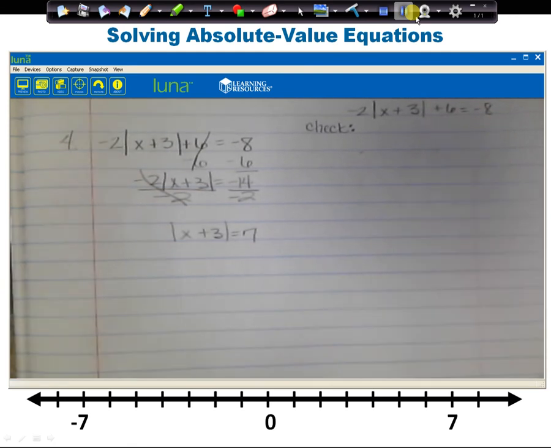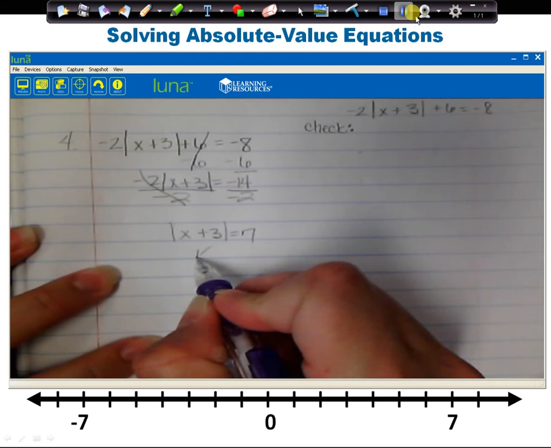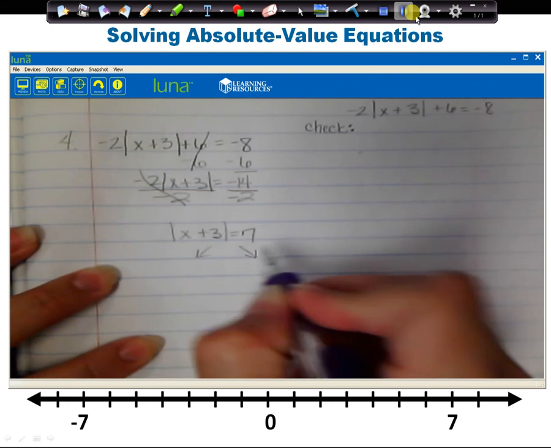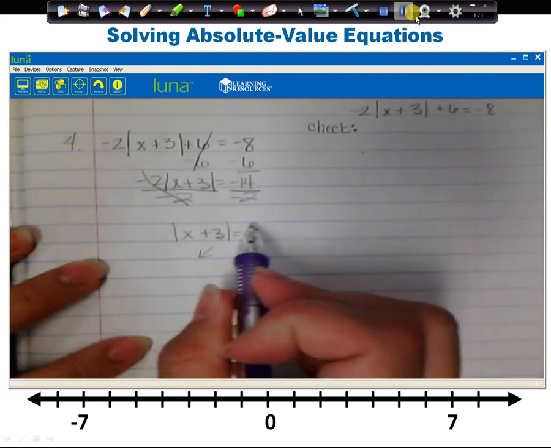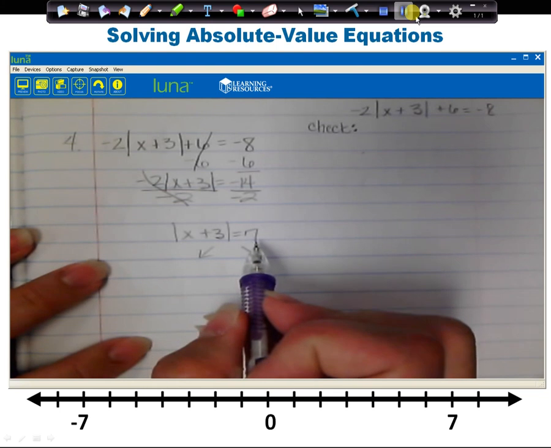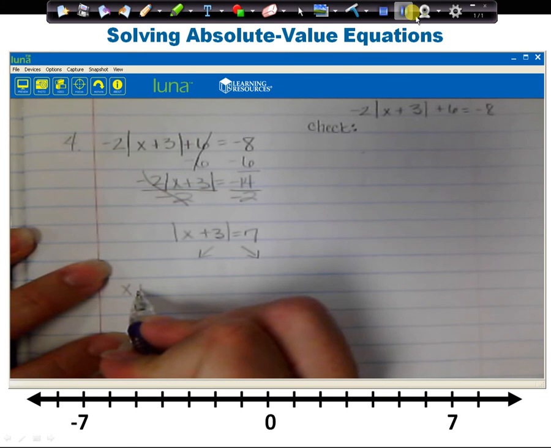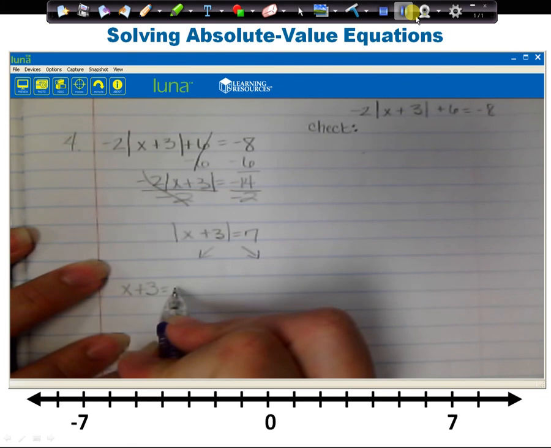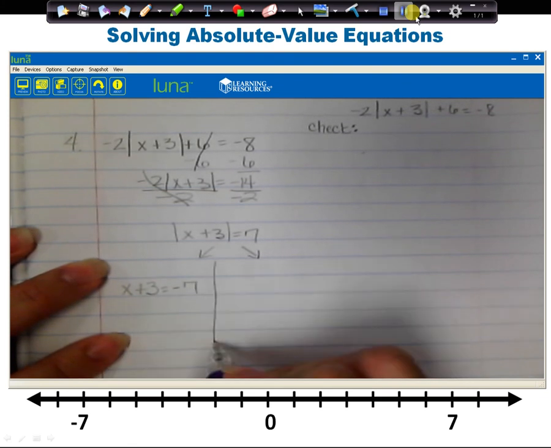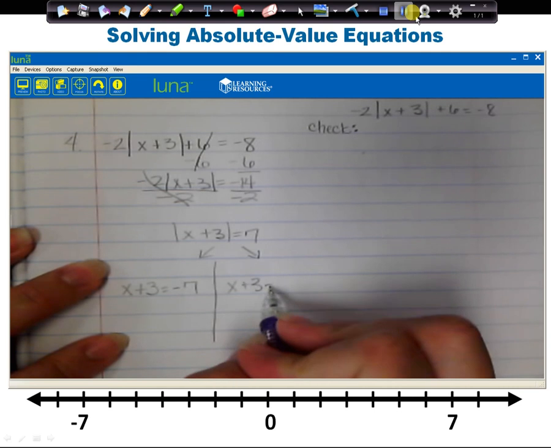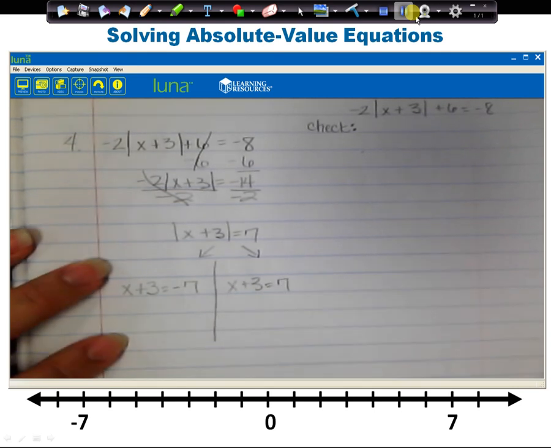Now that my absolute value bars are isolated, I'm going to set up 2 different equations. So because I'm looking at absolute value in units away from 0, I have -7 and +7. So I'm going to drop my bars and say x plus 3 equals -7, x plus 3 equals +7.